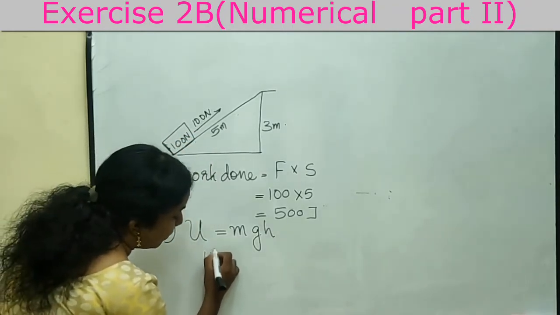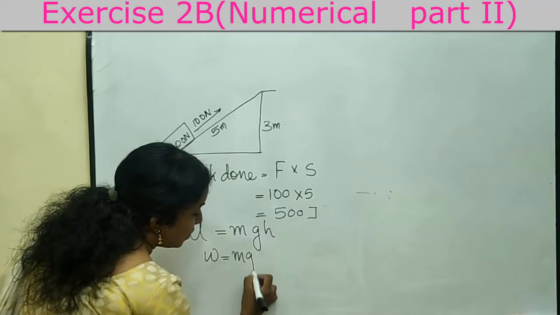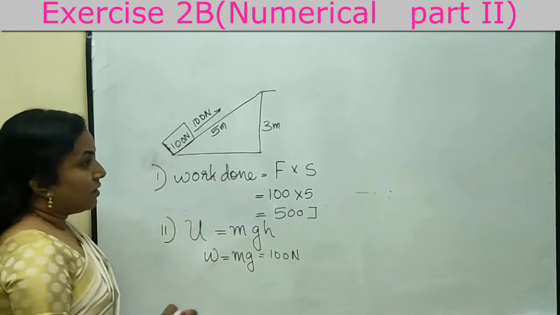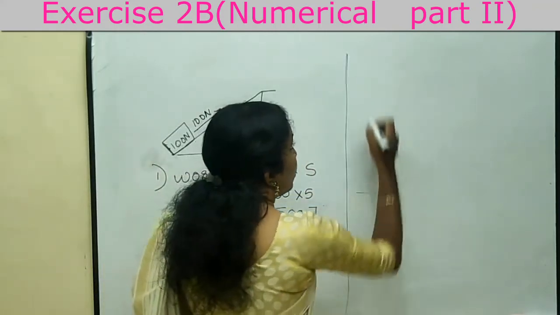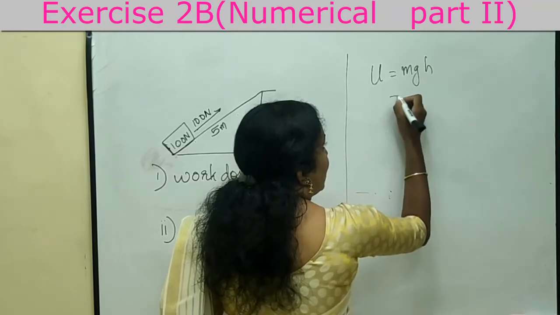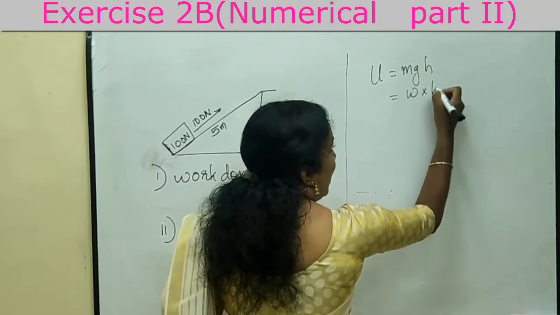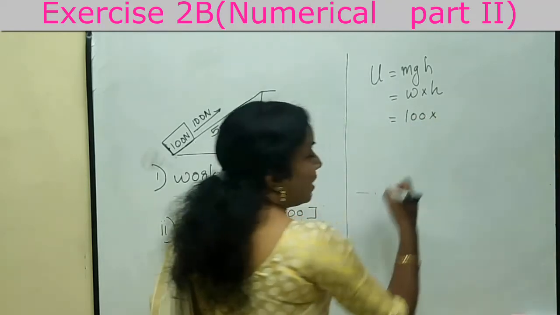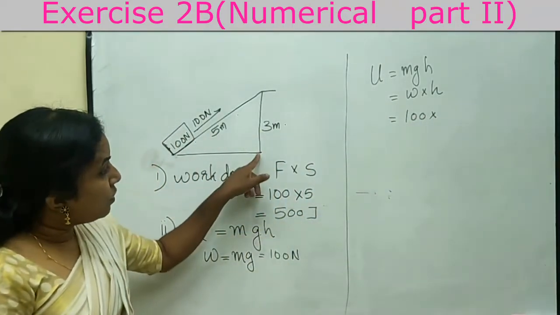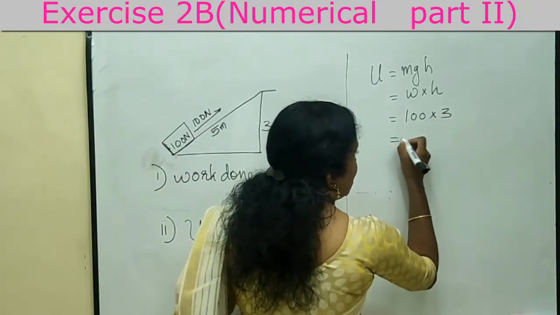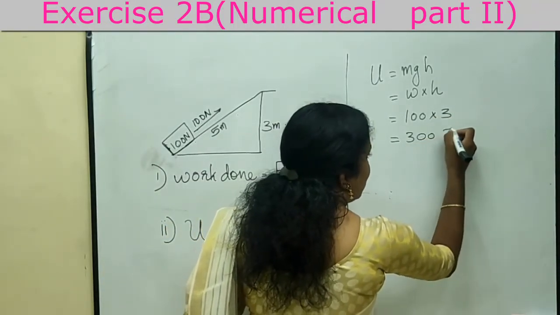That is, weight W is equal to m into g, which is 100 Newton. So, U is equal to mgh, that is weight into height. Here the weight is 100 and the height from the ground is 3 meter. So it is 3. Hence we will get it as 300 joule.